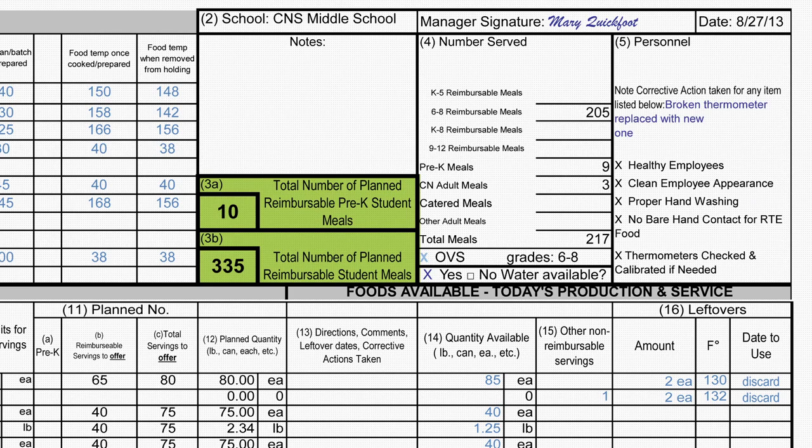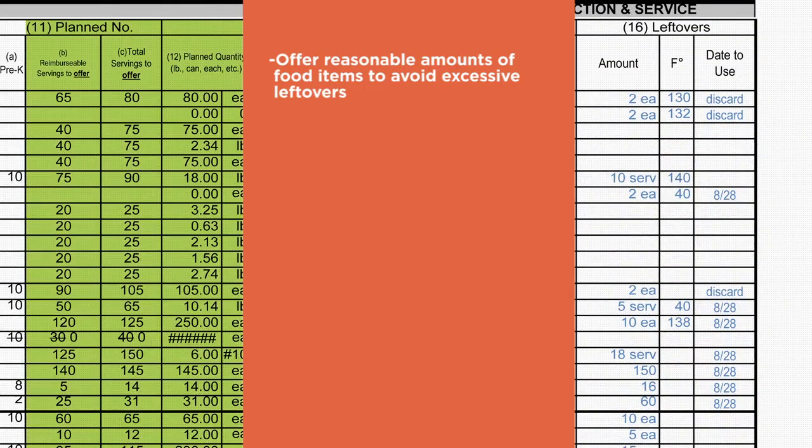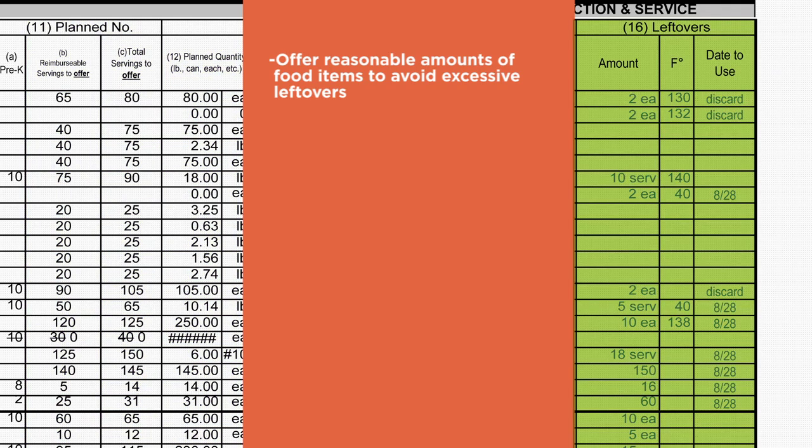Likewise, you could not plan more than 335 servings of fruits if students are only allowed to take one serving. You would plan less than these amounts if students participate in OVS and often decline some menu items. Remember to plan to offer reasonable amounts of menu items to avoid excessive leftovers, using past production record information for accurately forecasting numbers of servings needed.